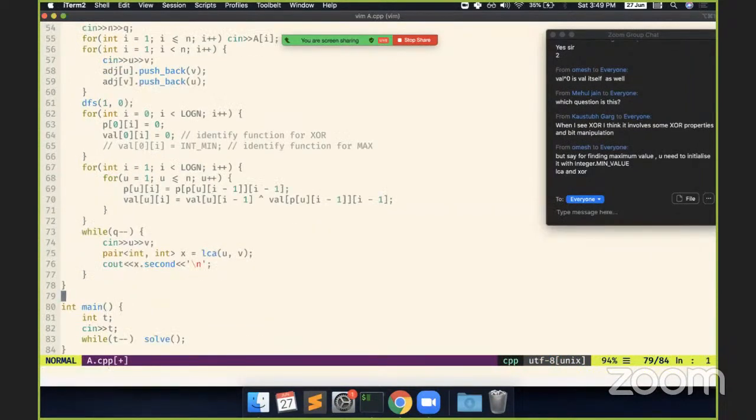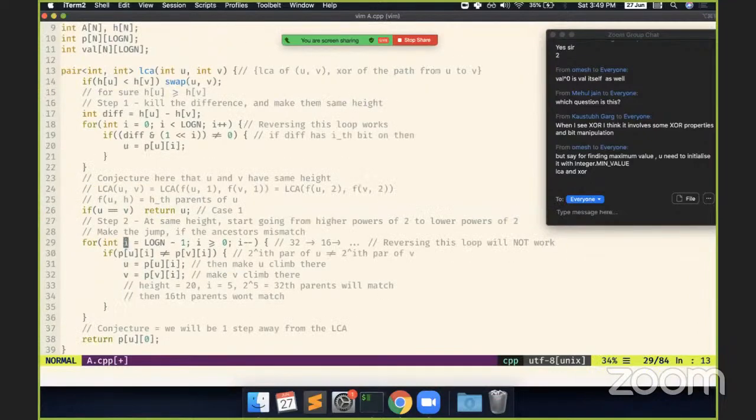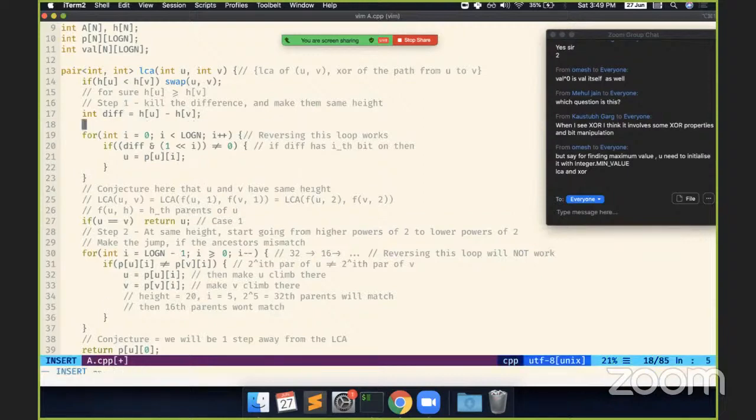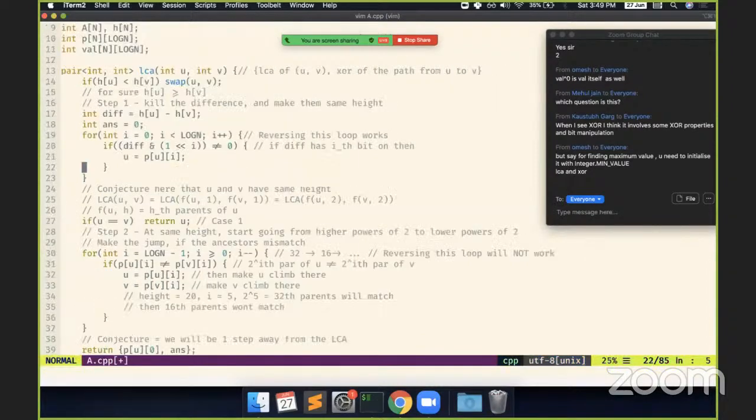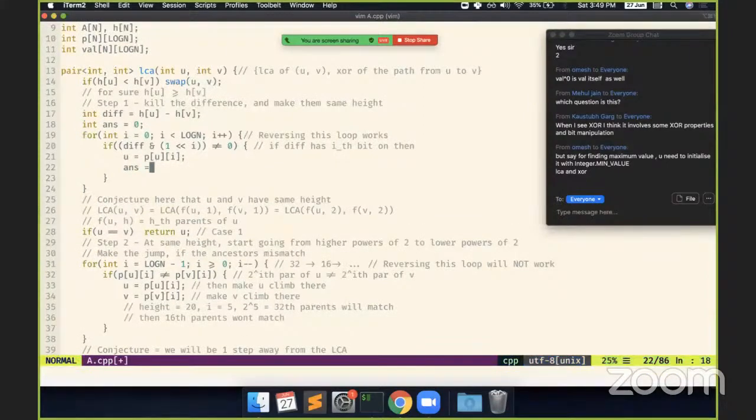Okay, so we have the val array. Now I'll delete these lines, or maybe I won't delete these actually. Now you'll have this int ans equals 0. Eventually you want to return something like this. So in step 1, when you're killing the difference, you'll also try to update the answer.